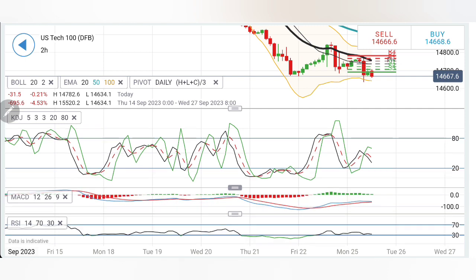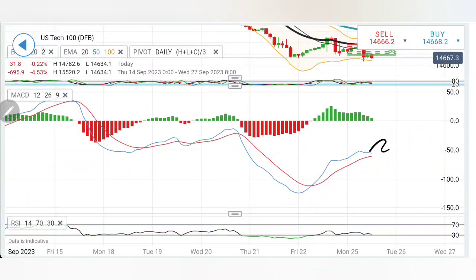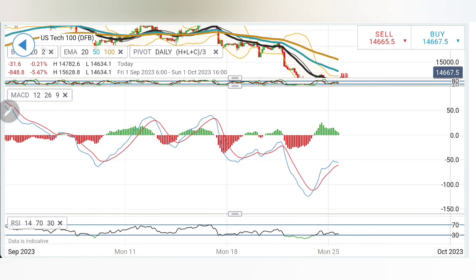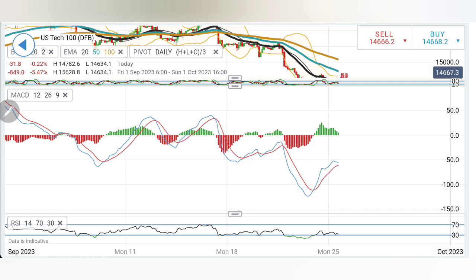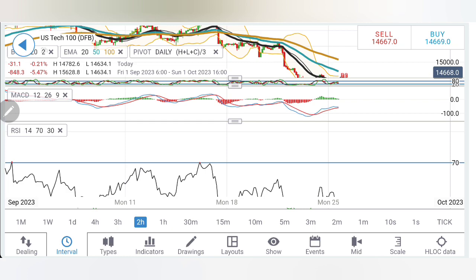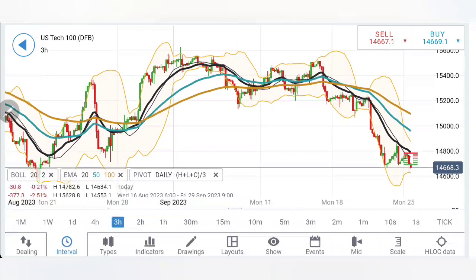Stochastic looking downwards, trying to trade bearish. MACD willing to converge, crossover for sell. If you look at MACD, let me show you. Double top, then slope is changed, first wave, second wave, and now the red part of this wave is initiating here. So if it crosses over, more bearishness may prevail here. RSI looking downwards, trying to stay bearish.